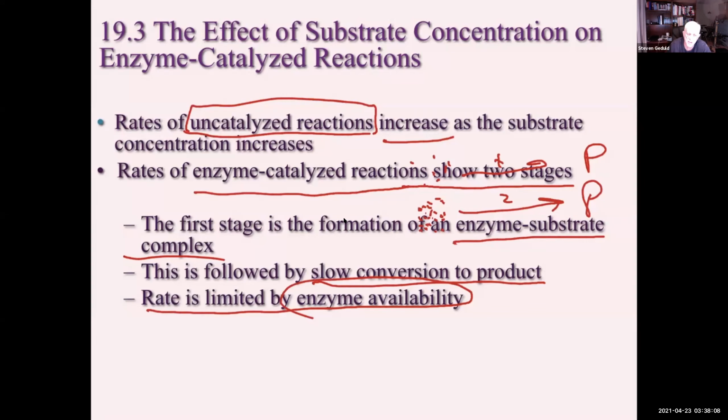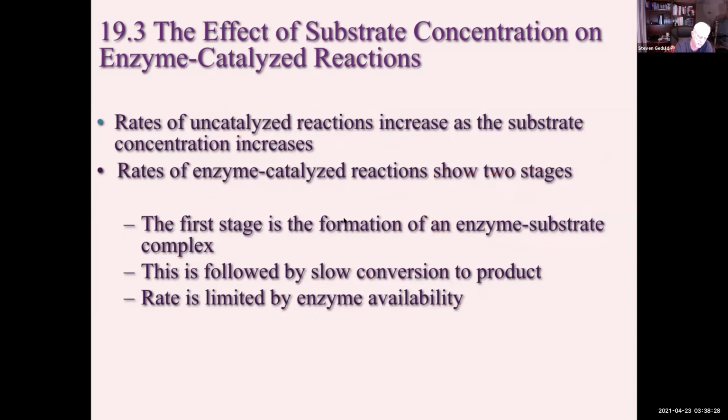Okay, no matter how much substrate you have, if you only have a little bit of enzyme, that's all you can run. Okay, so the rate in an enzyme catalyzed reaction is limited by the enzyme. The rate in an uncatalyzed reaction is limited by the substrate. The rate in a catalyzed reaction is limited by the enzyme that's available.